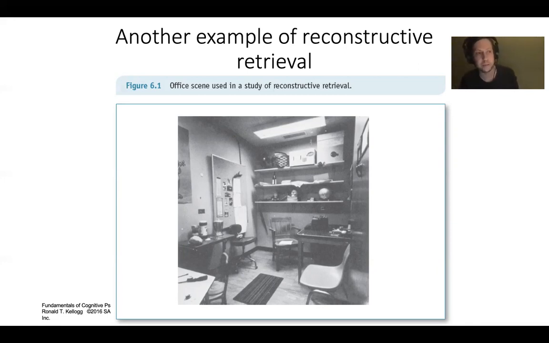When people were asked to remember as many things as they could that they saw in the room earlier, they were more likely to make errors that were stereotypical, things you would typically associate with what you would find in a professor's office. So once again, it's a reconstructive error. You're thinking that you saw certain objects because of your schematic knowledge. Your schematic knowledge is actually hurting your performance. It's making you have memories that are not accurate, of things that did not actually occur. Reconstructive retrieval errors because of schematic knowledge.